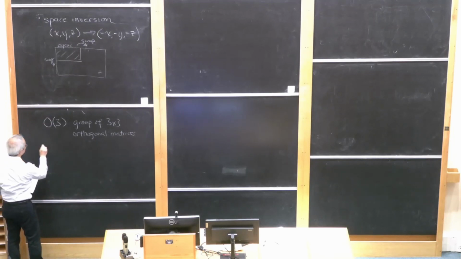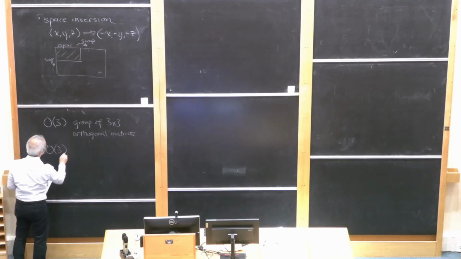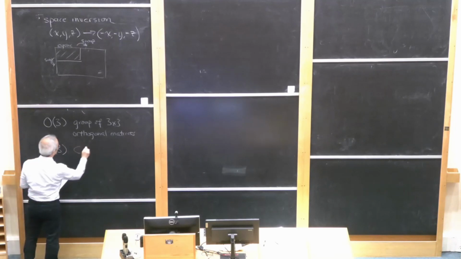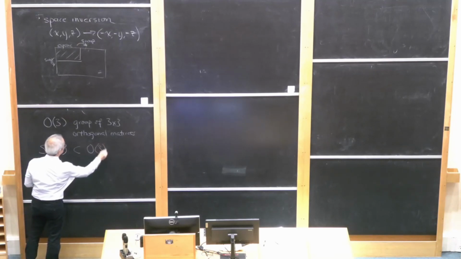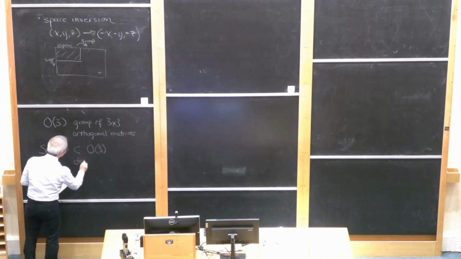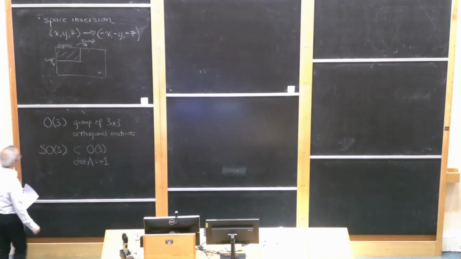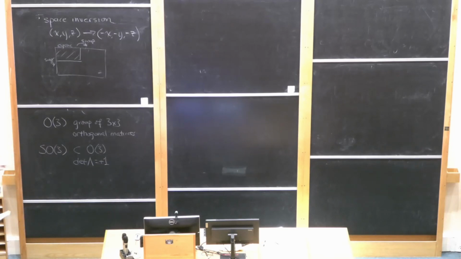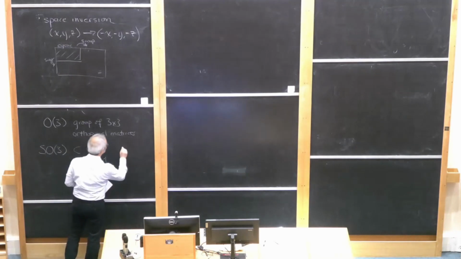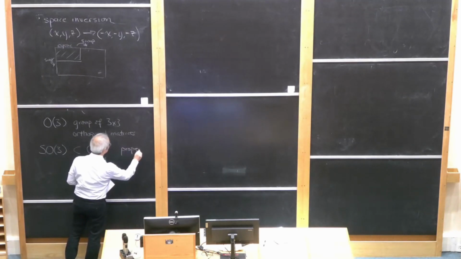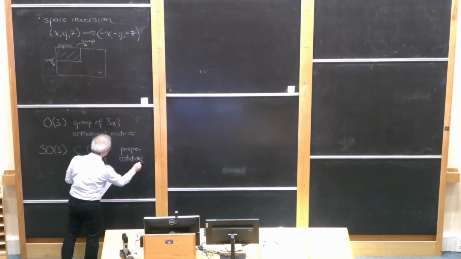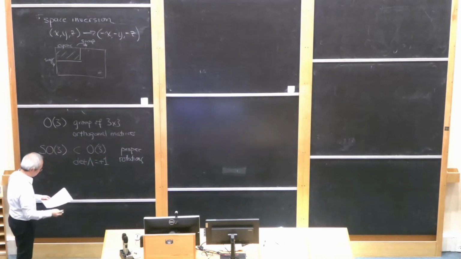And then the subgroup would be SO(3), with the determinant of the element being +1. So that keeps you just within the proper rotations. Okay, so that is the overall structure of these things.